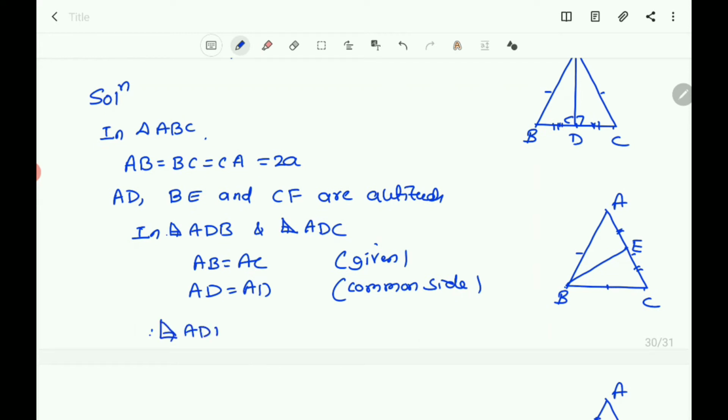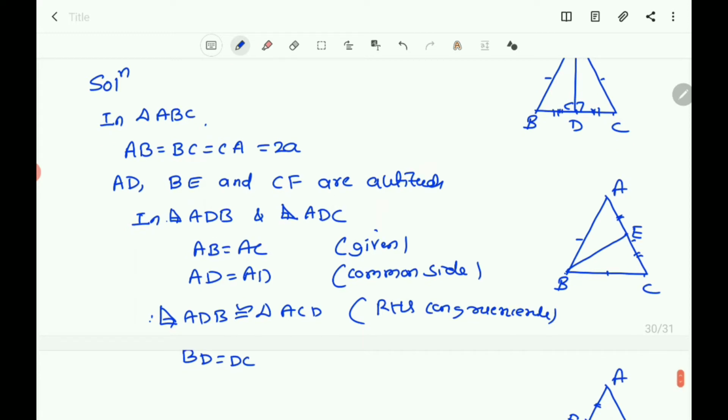Triangle ADB is congruent to triangle ADC according to the RHS congruence rule. Therefore you can say BD is equal to DC.